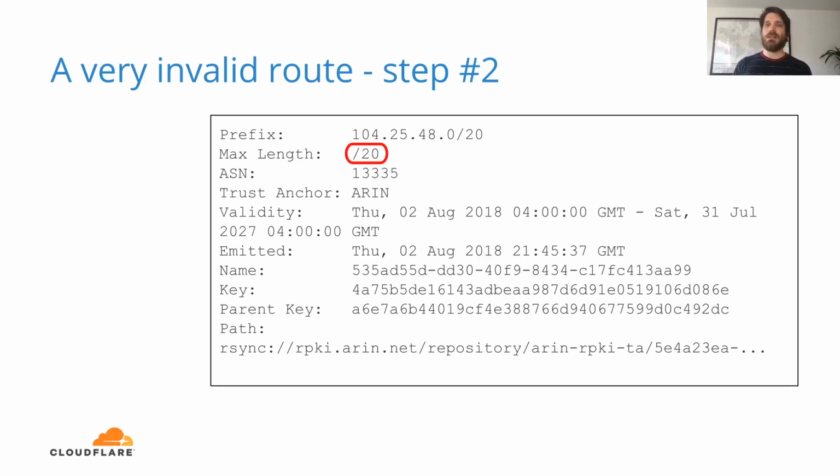So that means that the only valid incantation of this prefix in the default free zone should be a /20, because again, as you can see, the prefix is signed to be a /20 with a max length of /20, with an ASN of 13335 assigned, which is the main ASN for Cloudflare. So that means that anything that doesn't match those very specific requirements should be considered an invalid prefix.